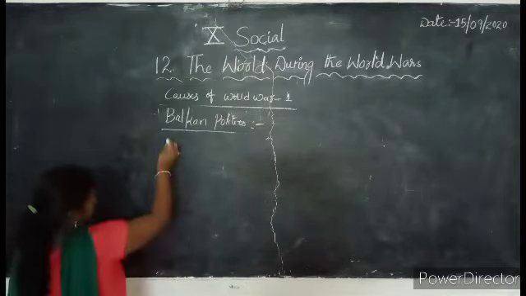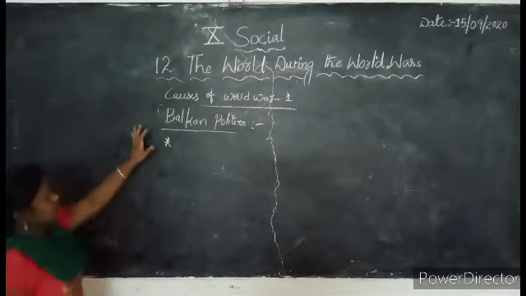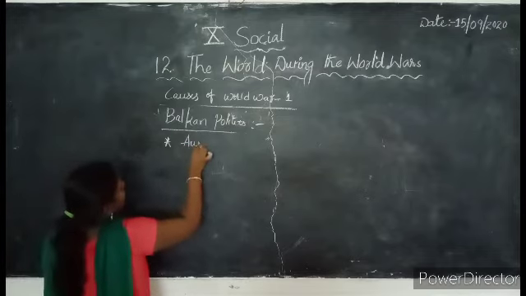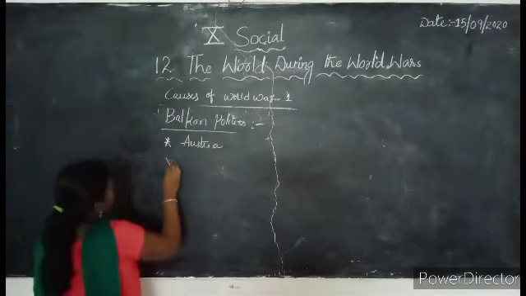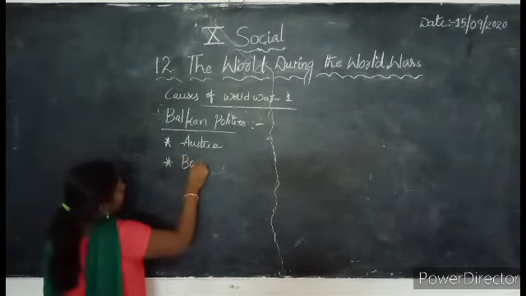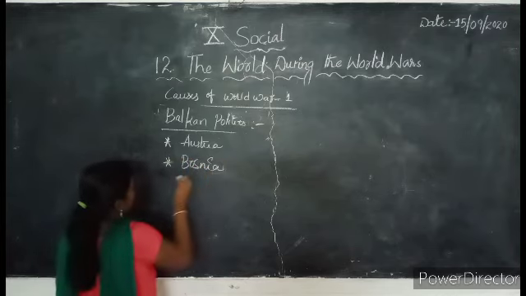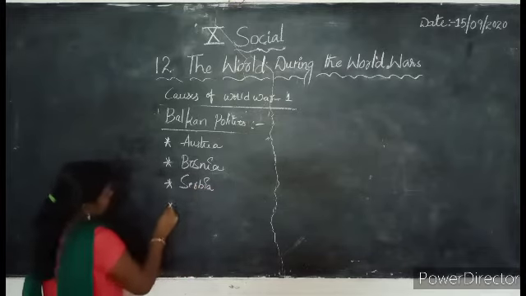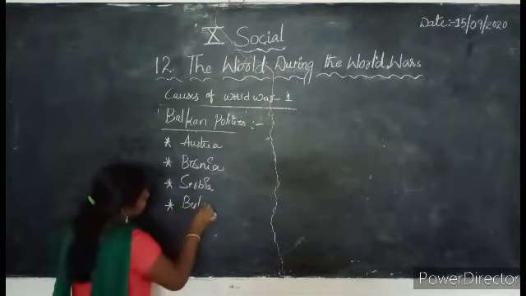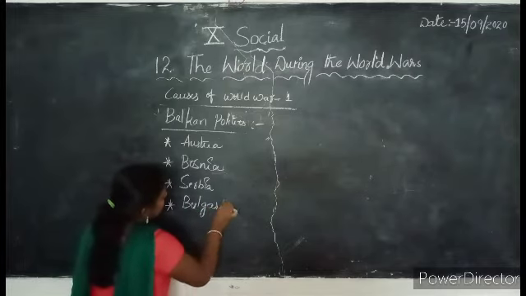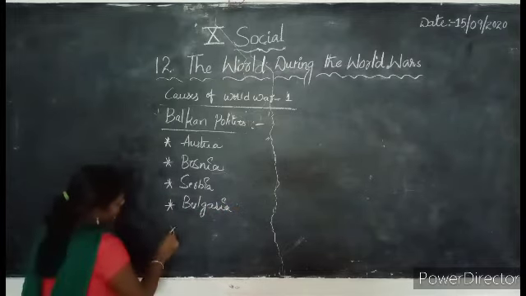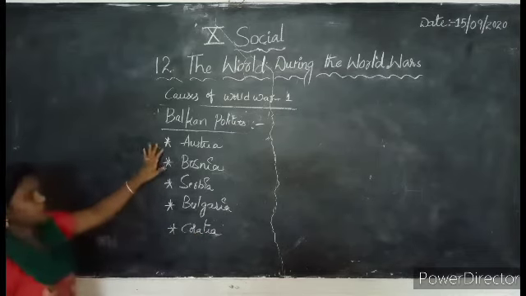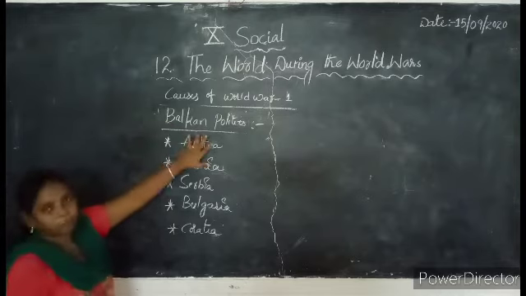Let us look at the small states which are located in the Balkan Peninsula: Austria, Bosnia, Serbia, Bulgaria, so Croatia. These are some small states which were located in the Balkan Peninsula.